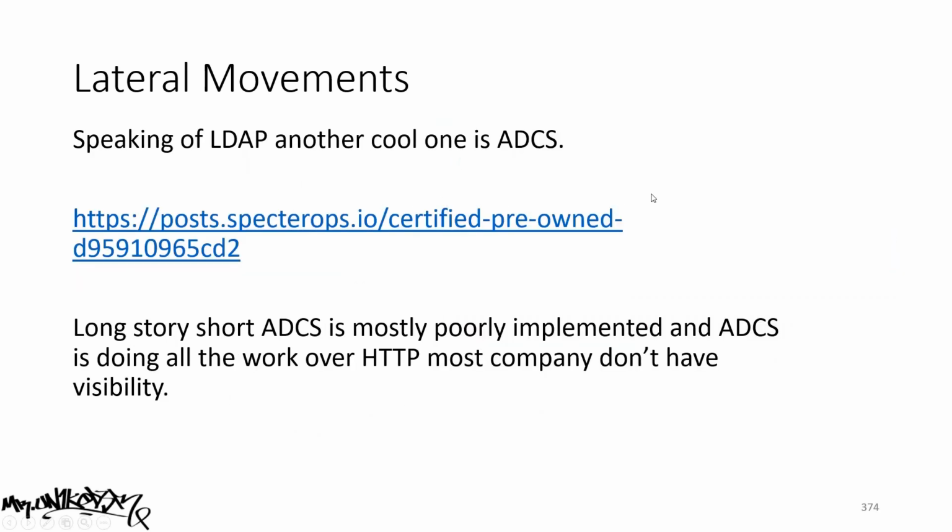Speaking of LDAP, another cool one is ADCS. I'm assuming that if you are doing red teaming on a regular basis, you've probably heard of it. If not, I guess it's time to spend some time on it, because there's so much that can be done with this. Long story short, ADCS is mostly poorly implemented and misunderstood by most of the sysadmins that have to deal with it.